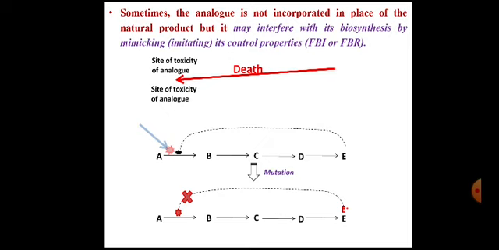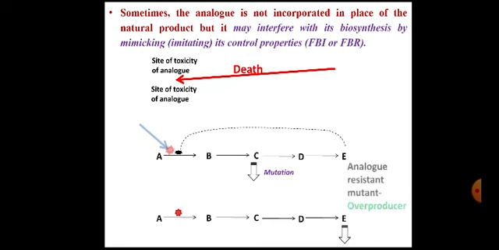This organism will be called an analog resistant mutant, which will be an overproducer of E, that is the end product. That is the strategy. In this case the mutant is synthesizing an enzyme which is resistant to analog, and if it is resistant to analog it will show resistance to E. This is how this control will be lifted, and there will be overproduction of the end product of the unbranched pathway.